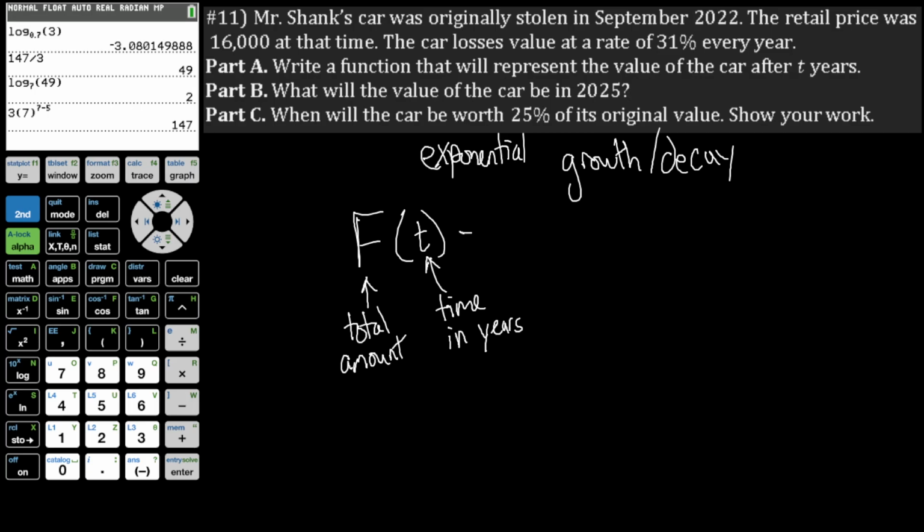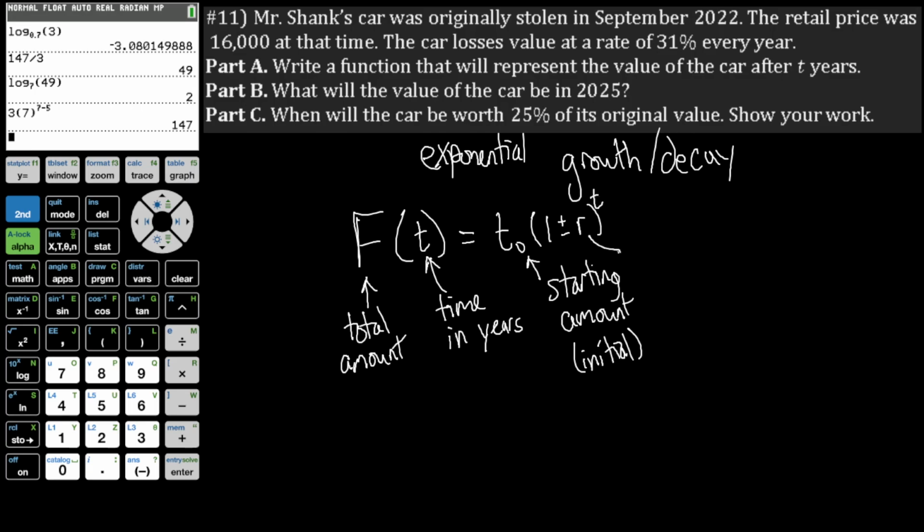I'm saying this is equal to t sub 0, and this is my starting amount, or it's called an initial. It's kind of like your initial in your names. So t sub 0 is my initial amount, times 1 plus or minus r to the power t, where r is the rate as a decimal.